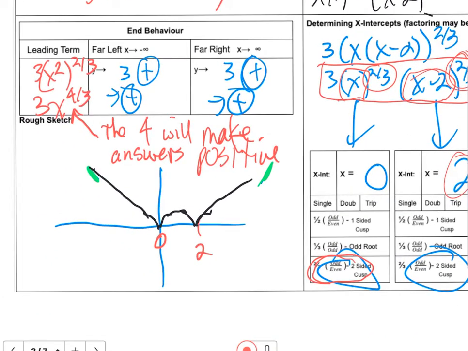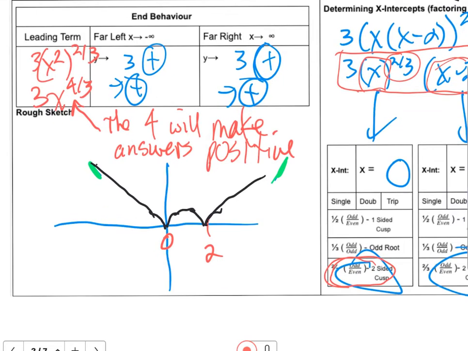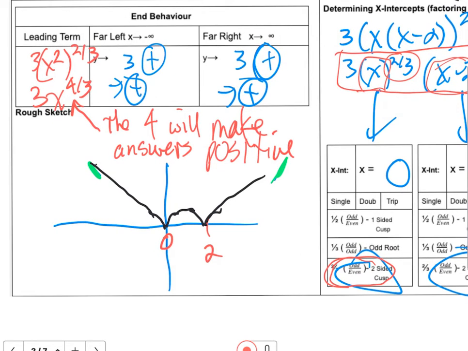So, when I go to sketch it now, there are some things I need to think about. I know that when I'm far to the left, it's up high. When I'm far to the right, it's still up high. So that's why I've put the green there and the green there. That's where I would start. And then after that, I would look at my x-intercepts here and here, and in both cases they are a two-sided cusp.